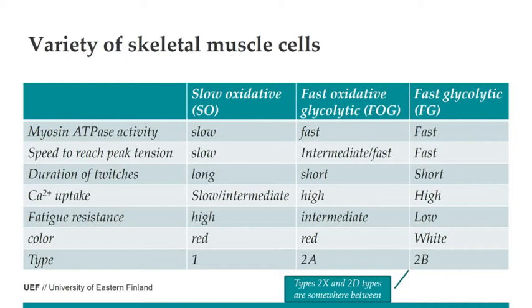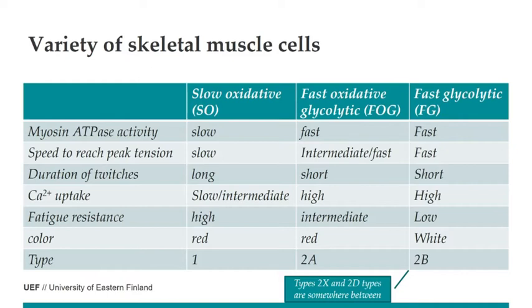But nowadays, the division uses these kind of codes. Type 1 in the literature means the slow oxidative cell. Then we have type 2A and type 2B, the fast oxidative glycolytic and fast glycolytic cells.